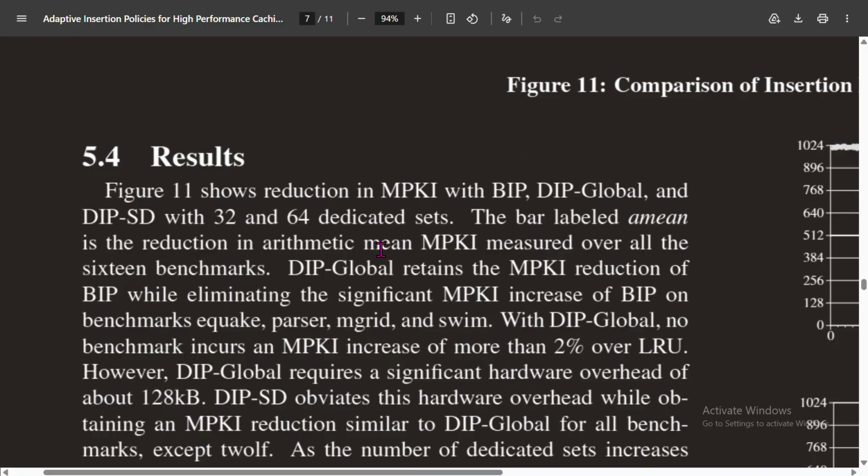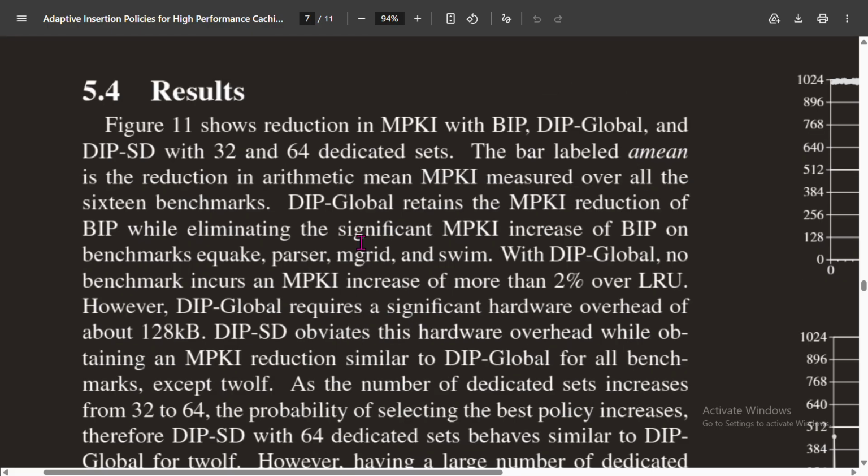The bar labeled amean is the reduction in arithmetic mean MPKI measured over all the 16 benchmarks. DIP Global retains the MPKI reduction of BIP while eliminating the significant MPKI increase of BIP on benchmarks equake, parser, mgrid, and swim.